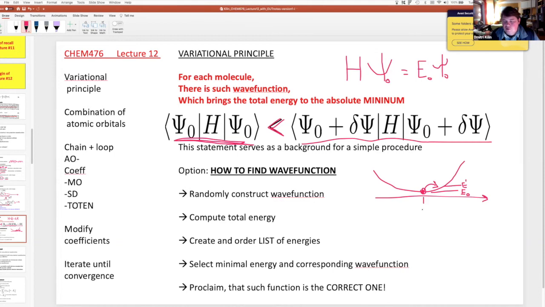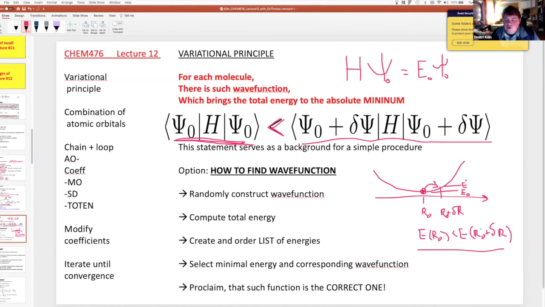So if we go from optimal to modified, then the energy of R naught will be lesser, smaller than the energy of R naught plus delta R. So this seems natural, right?